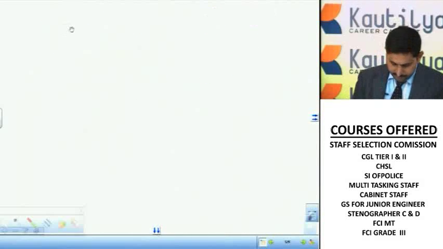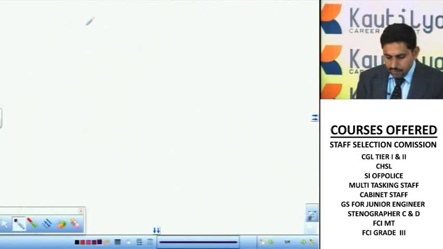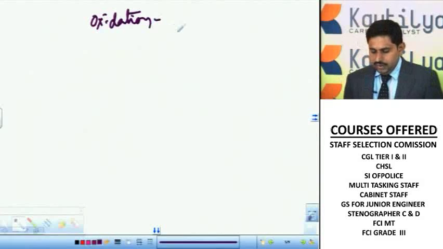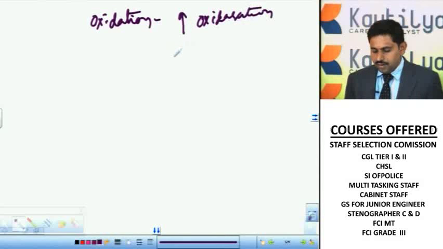Oxidation means an increase in the oxidation state, or addition of oxygen, or loss of electrons.